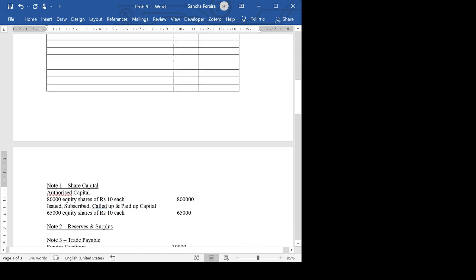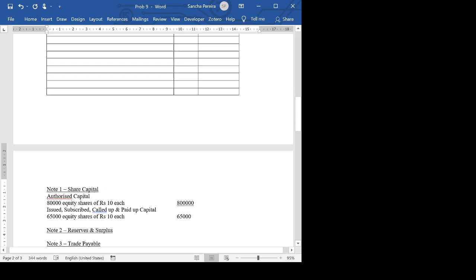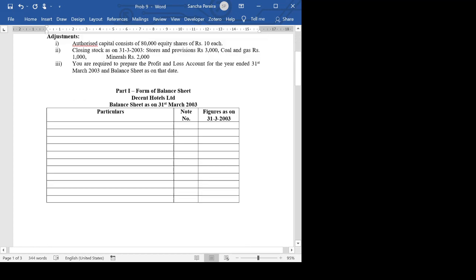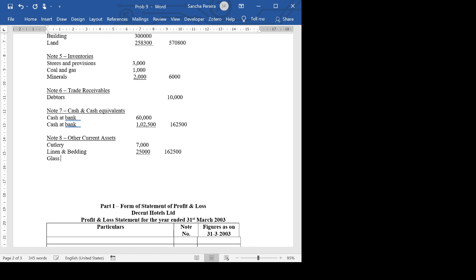Cutlery is 7,000, linen and bedding 25,000. Glass and china 10,000.